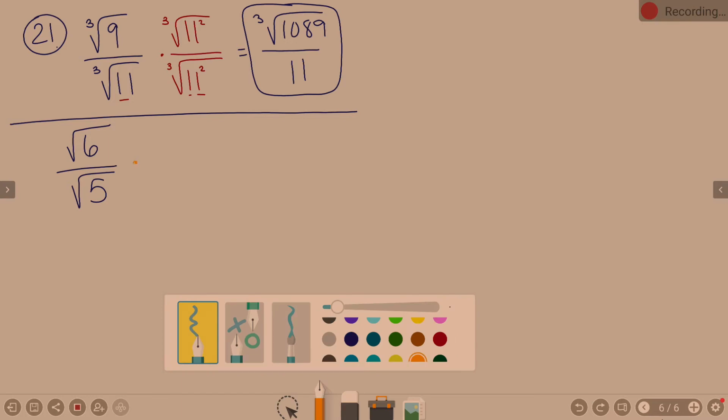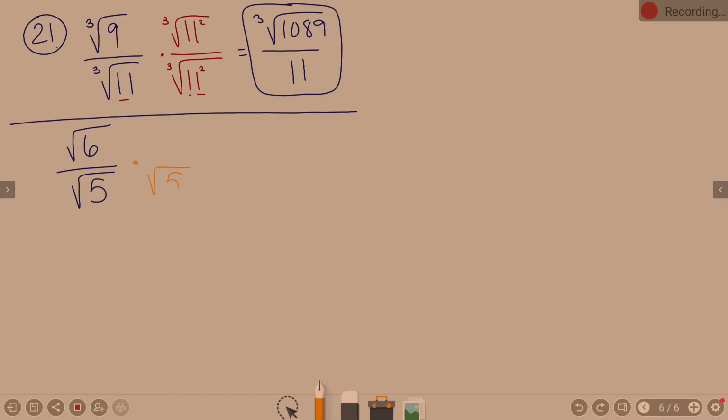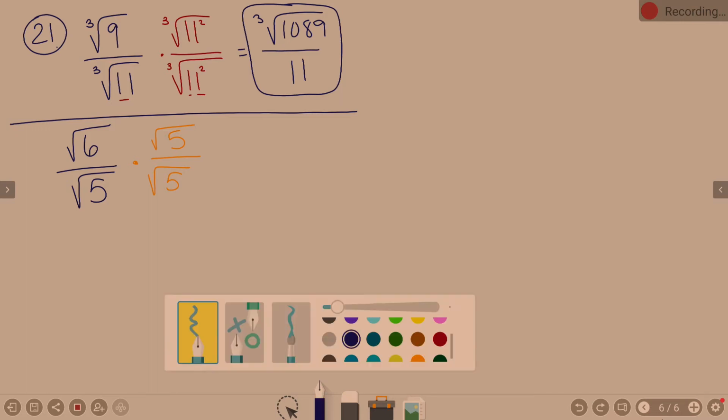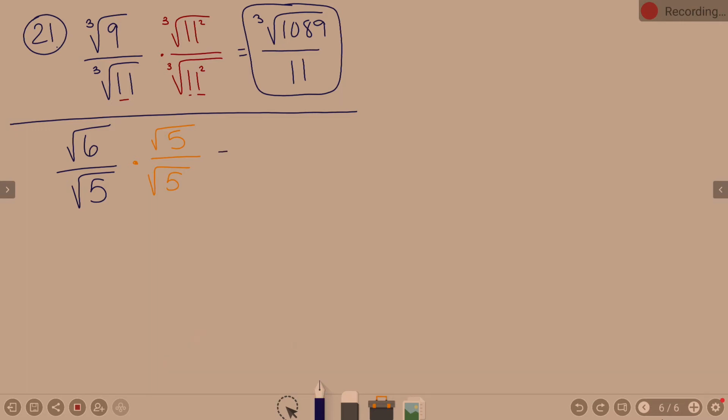And so the idea here, in order to get a perfect square, you need 2 of something. So we're multiplying square root of 5 by square root of 5. What I do to the denominator, we're going to do to the numerator. So with a square root, when you're trying to rationalize, you just multiply by itself. That's the easiest thing to think there.